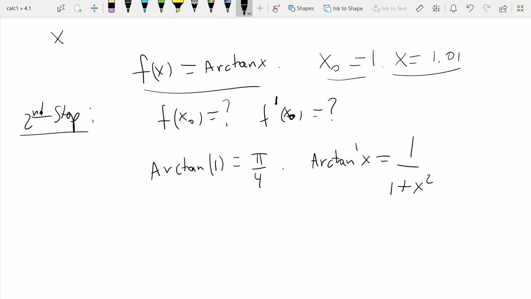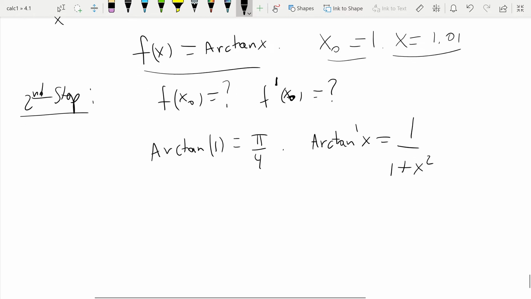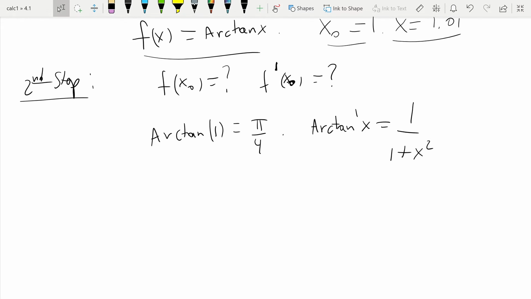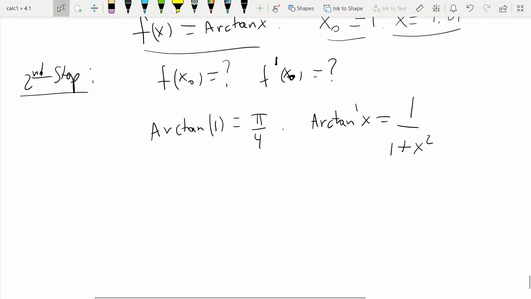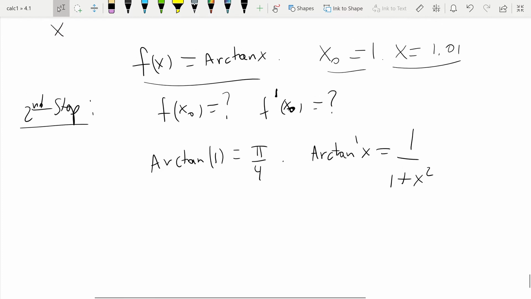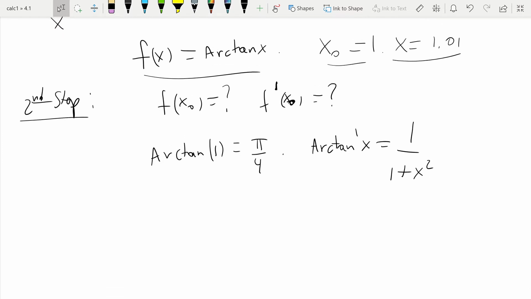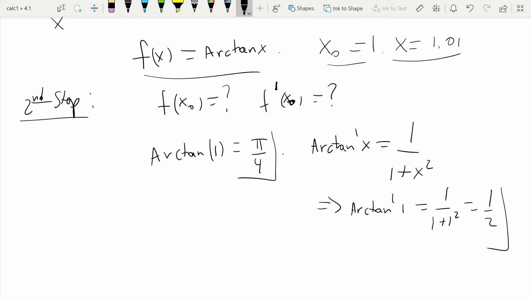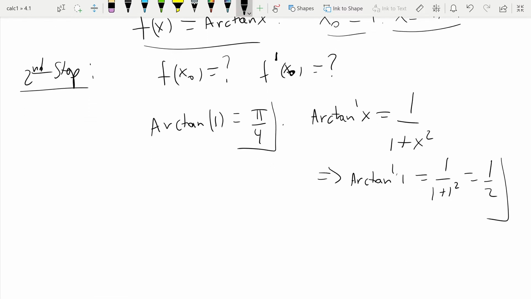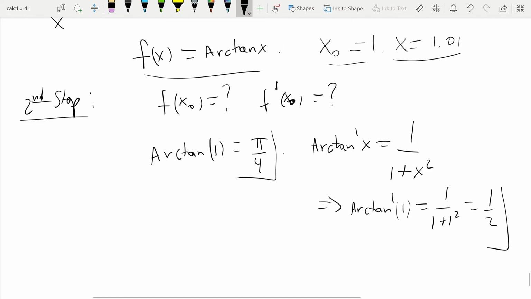Remember we computed that in the section on implicit differentiation, where we computed the derivatives of inverse functions as an application of the chain rule. So arctan prime at 1 is 1 over 1 plus 1 squared, which is 1 over 2. So we have the value of arctan and arctan prime at 1. That's what we need.